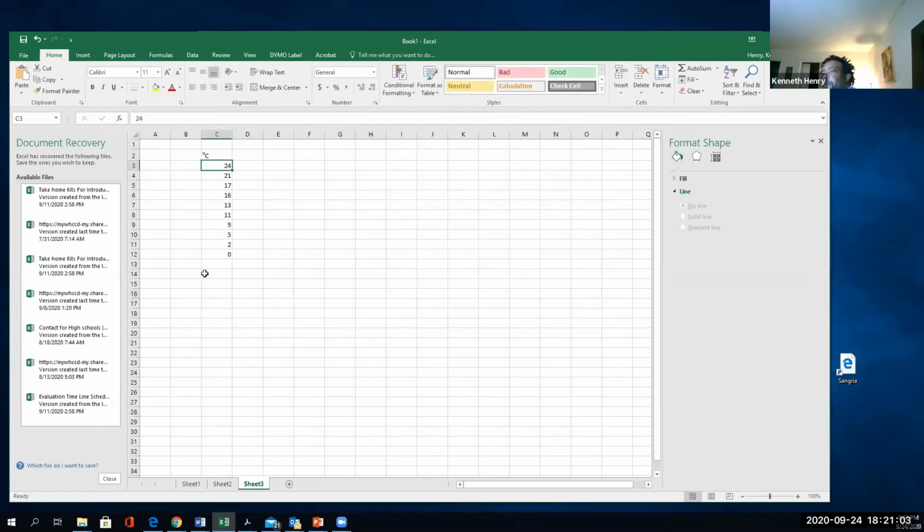Okay, so this is my temperature in degrees Celsius. Let's say I wanted to change it to Fahrenheit and to Kelvin. Let's do Kelvin because Kelvin is easier. And then we'll do Fahrenheit.